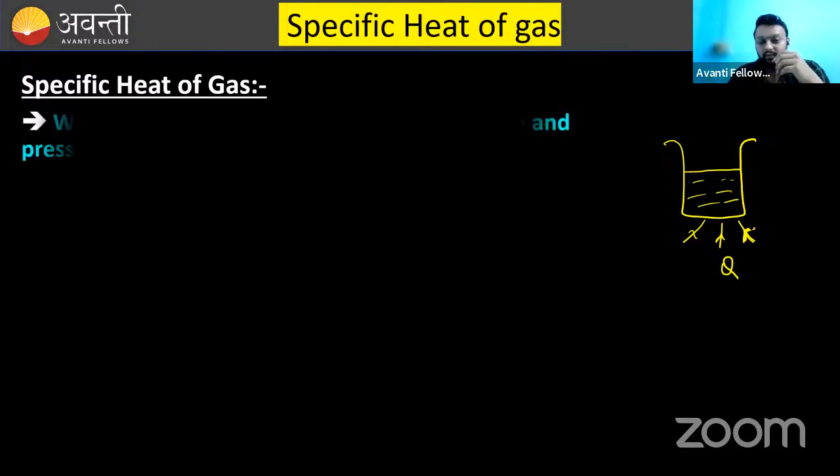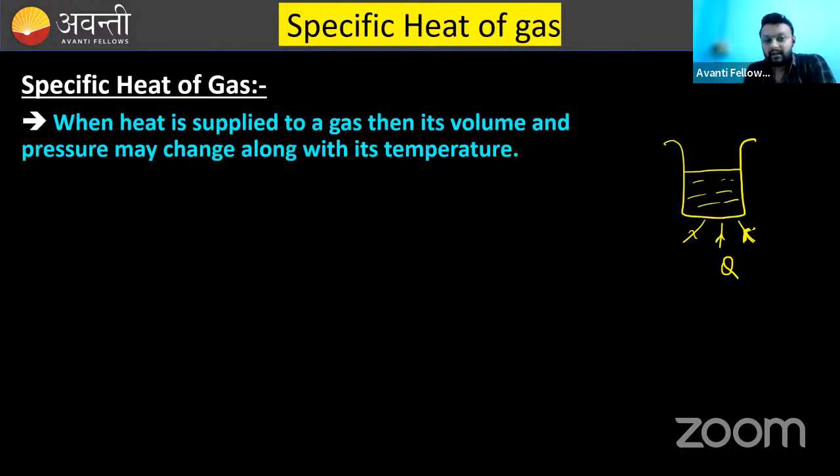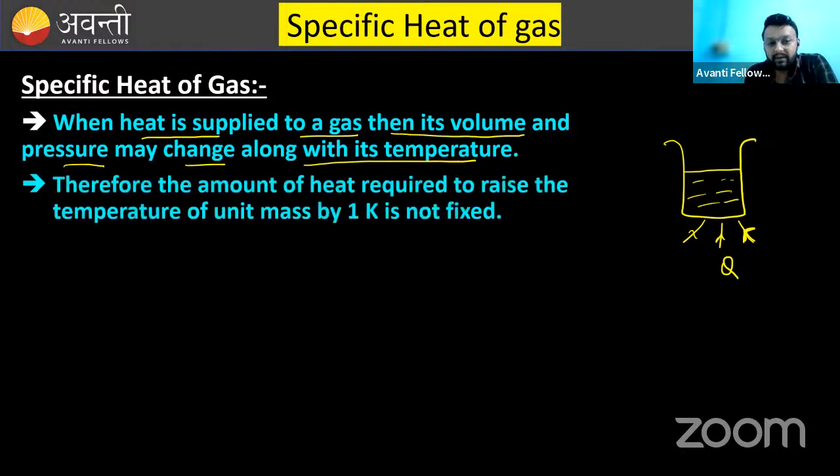What I'm saying is mentioned here. When heat is supplied to a gas, its volume and pressure may change along with its temperature. So if pressure and volume are also changing, what will happen?